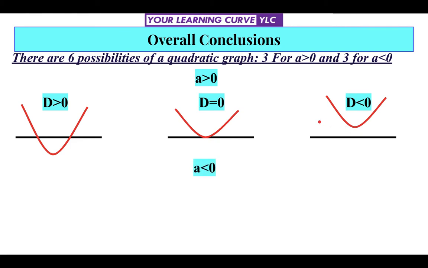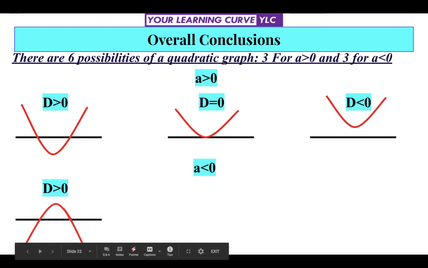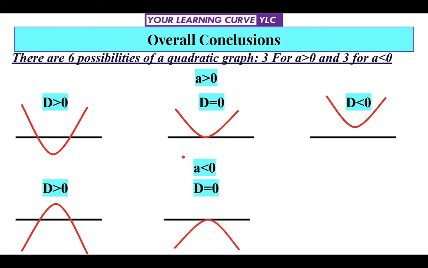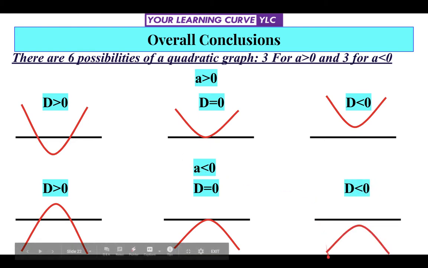Now let's see the cases for a less than 0. A less than 0, and if D is greater than 0, the graph cuts the x-axis at two distinct points and the parabola opens downwards. If D is equal to 0, a is less than 0, the parabola opens downwards and touches the x-axis. If a is less than 0, D less than 0, the graph is totally below the x-axis.